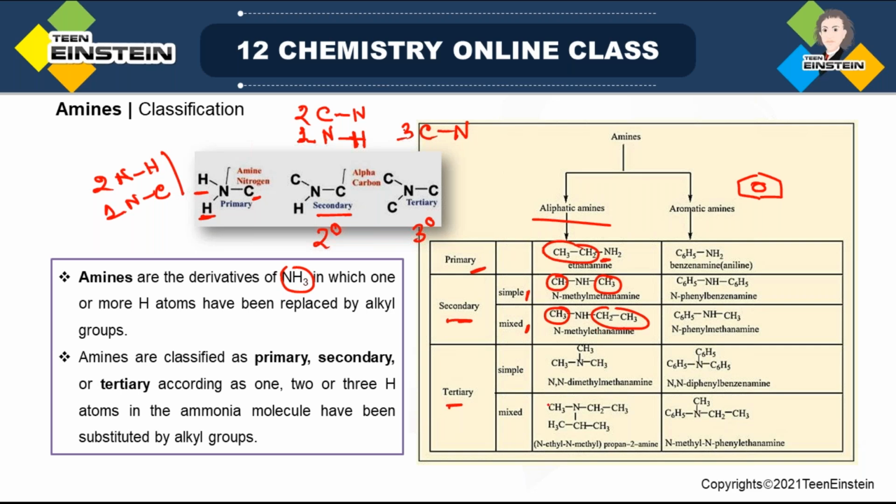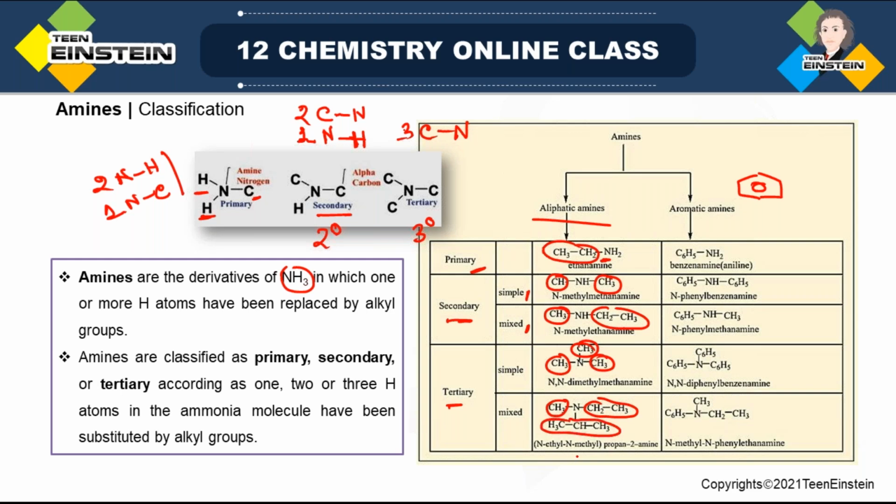And when it is tertiary, then also two possibilities. Because now we will not have any NH bond, so we must have 3 alkyl groups, and if all these alkyl groups are of similar nature, then it will be considered a simple tertiary amine. But if they are different, see here we have CH3, that is methyl, we have ethyl, and we have 3 carbon.